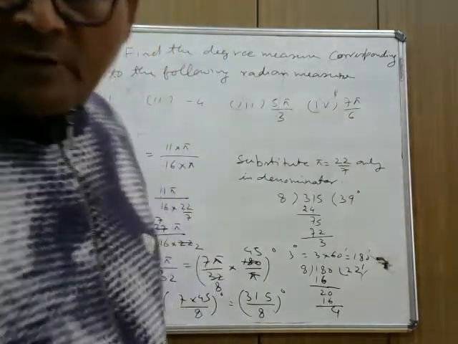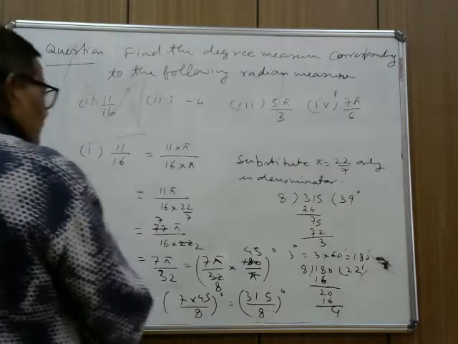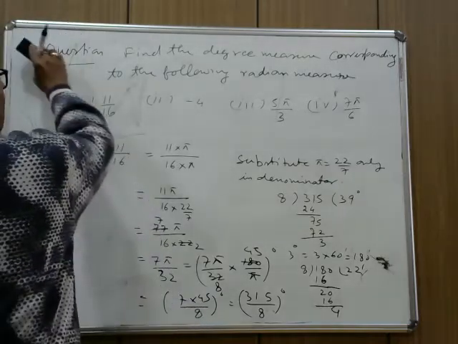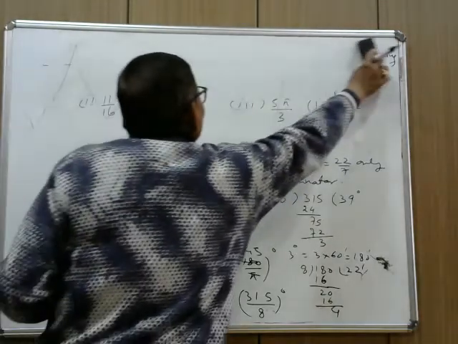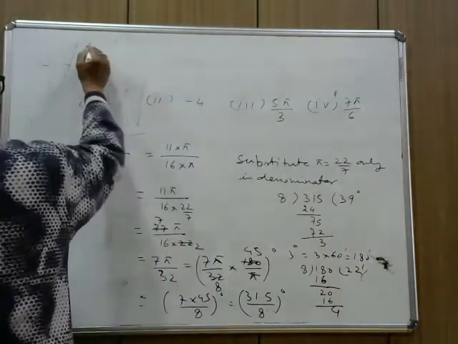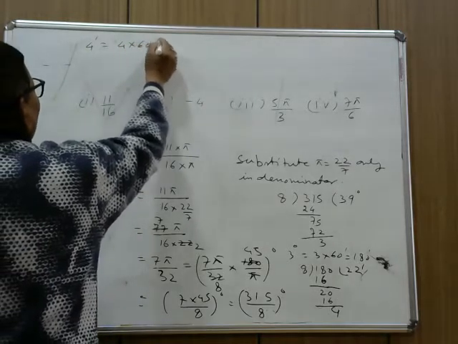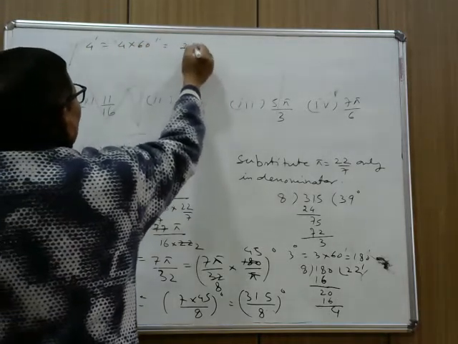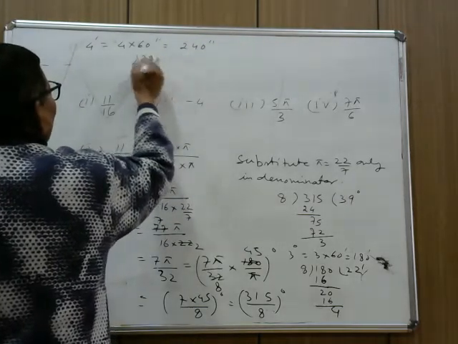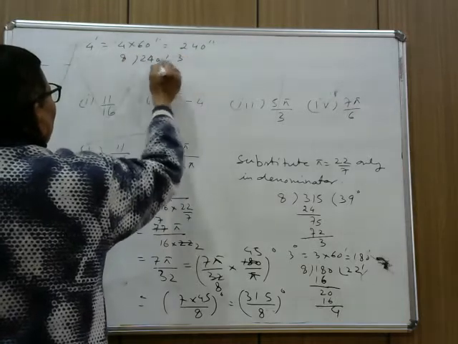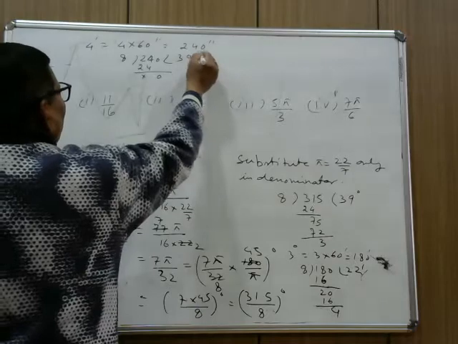Now 4 minutes. 4 minutes equals 4 into 60 seconds, that is equal to 240 seconds. So again you divide 240 by 8. 8 threes are 24, 0, 30 seconds.